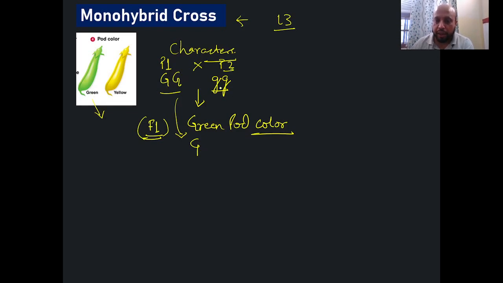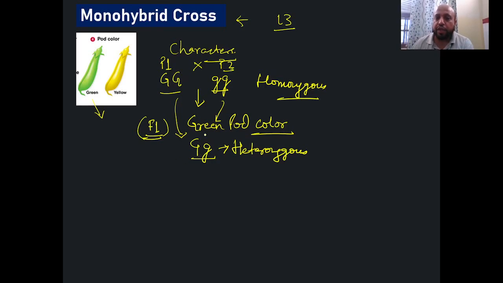Similarly, the other parent will also contribute a small g, so this individual will be heterozygous. We call them heterozygous, and this individual we call a homozygous individual.